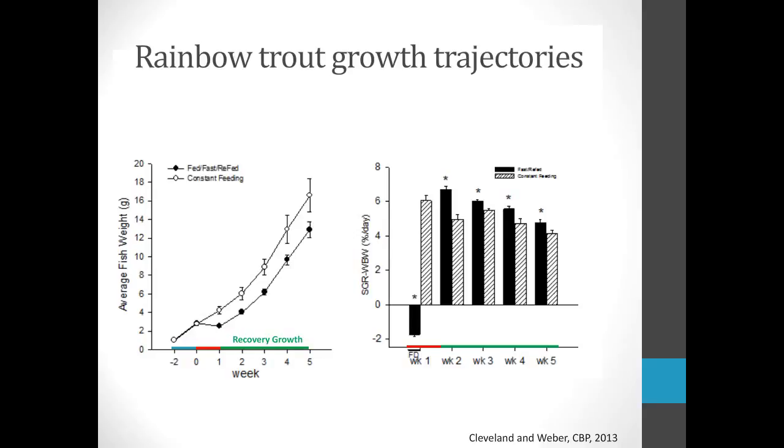But we can call this recovery growth because when we express these data in terms of specific growth rate, which is the graph on the right, the specific growth rate is the percent of body weight gain per day. You can see that there was a recovery growth in the treatment group that was initially feed deprived. These data indicate faster growth rates in this treatment group, and so we can use these fish to determine what mechanisms might be driving this response.